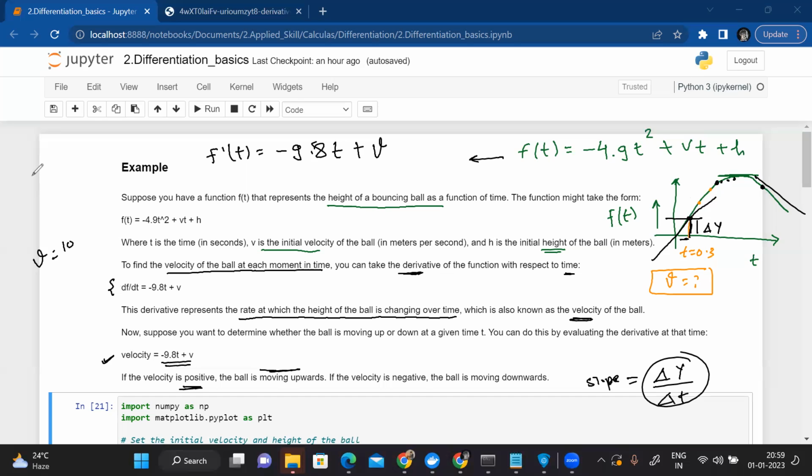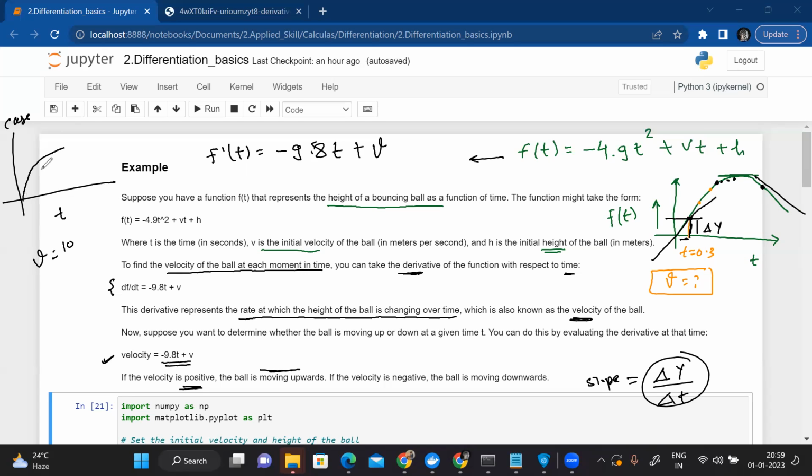You can take this as a COVID example also. Let's suppose there's a y-axis and this is the x-axis, this is cases and this is with respect to time, and somehow we can say that our COVID cases are increasing exponentially.